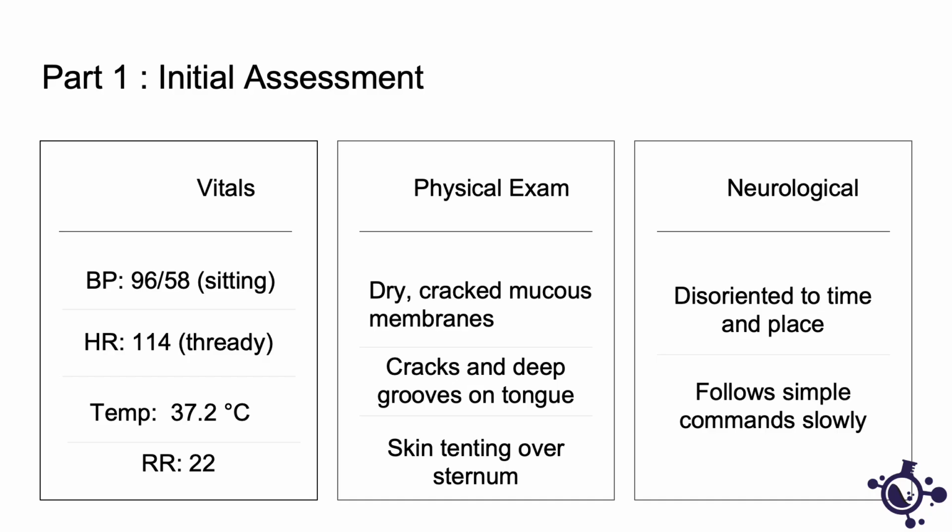And the fact that the heart rate, you noted, was thready, that makes sense too in terms of all of my other physical findings where Miss Gertrude was not drinking well. She has dried mucous membranes. Her tongue is dried and cracked. She's got tenting over her sternum, right? So the pulse being thready is telling me there's not enough volume within Miss Gertrude's body.